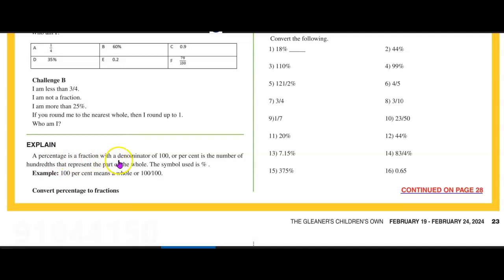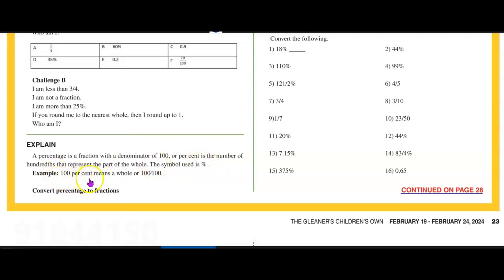Percentage is a fraction with a denominator of 100, or percent is the number of hundreds that represent the part of the whole. The symbol used is a slash slanting to the right with 2 little circles above and below the line.